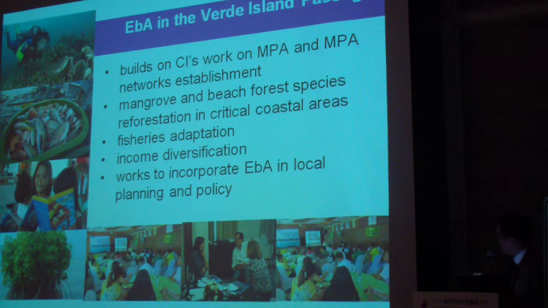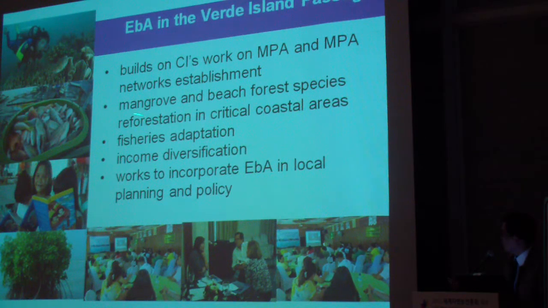So the way we do our work is that we build on our initial marine protected area and MPA networks in the area. That's why many of our partners are also marine protected area managers and local stakeholders. We're doing mangrove and beach forest species reforestation. We're looking into fisheries adaptation.